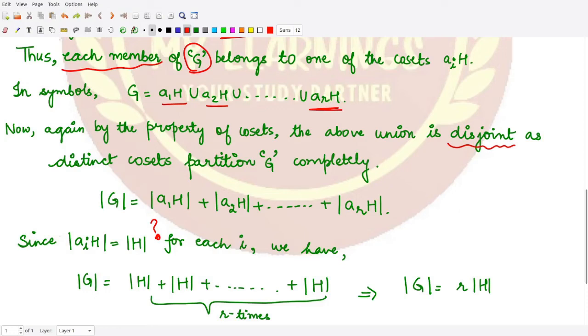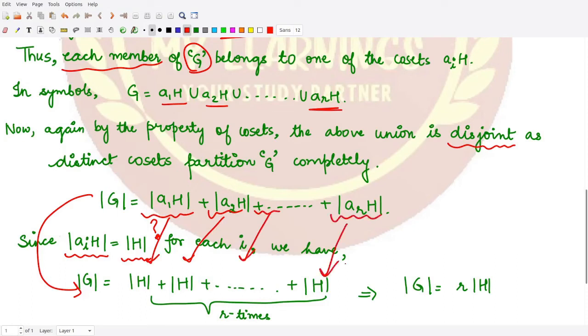So the order of each coset is equal to the order of the subgroup for each i. That means the order of G can be written as the order of H plus the order of H plus the order of H, and so on up to the order of H. Each of the orders of the different cosets can be written as the order of the subgroup, and there are a total of R such orders.